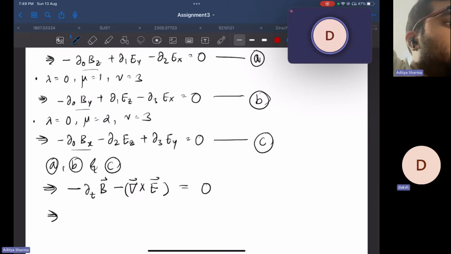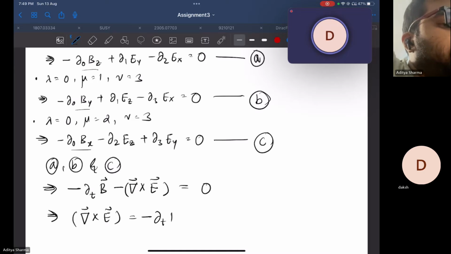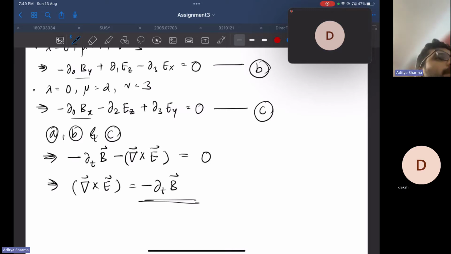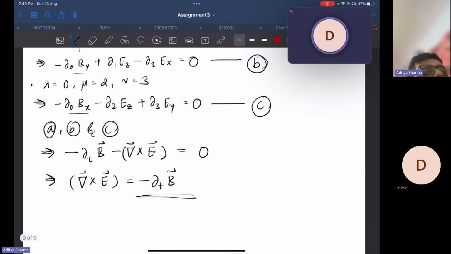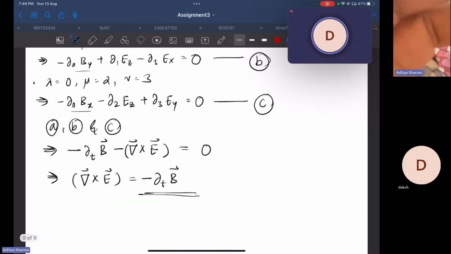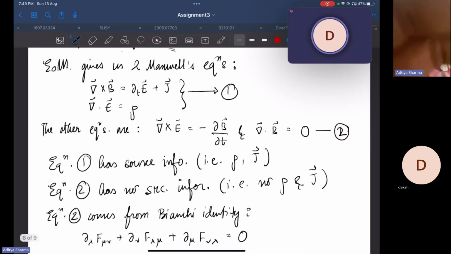So you get the equation. This is your fourth Maxwell's equation. So Daksh, you are clear? Yes, yes. This is how, using the Lagrangian, you find the Maxwell's equations. Okay.